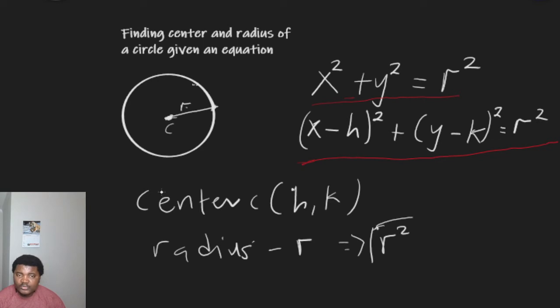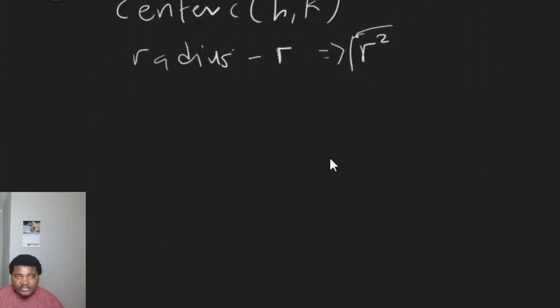You need to remember your formula: (x minus h) squared plus (y minus k) squared equal to r squared. The radius is r, and the center is (h, k). So the trick here is, anytime you have a question, let's look at an example.